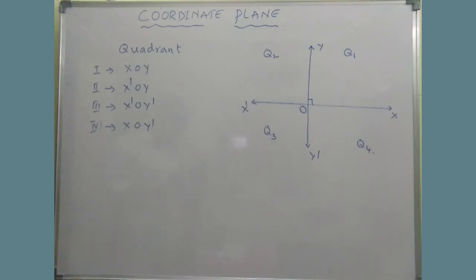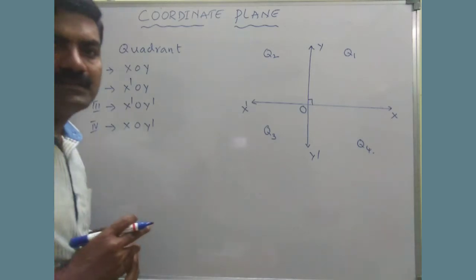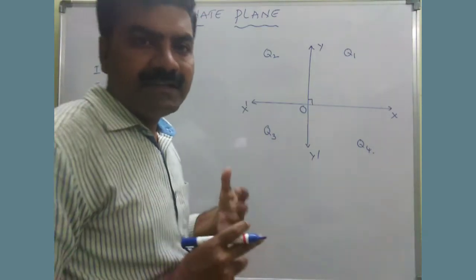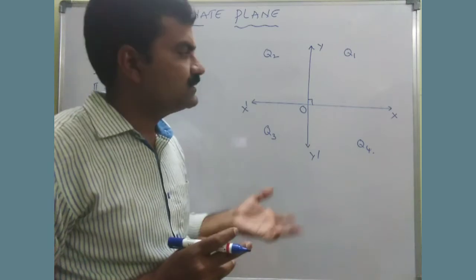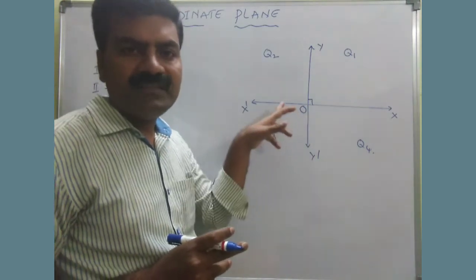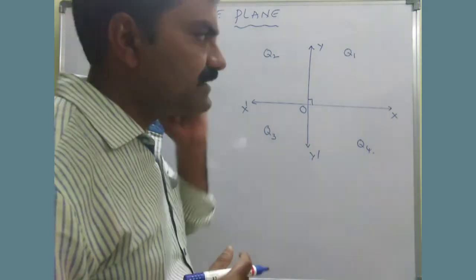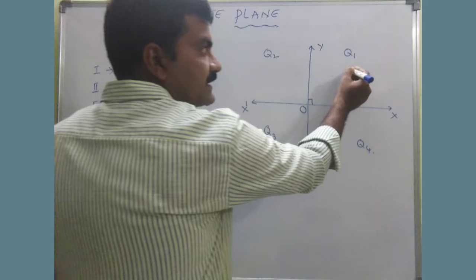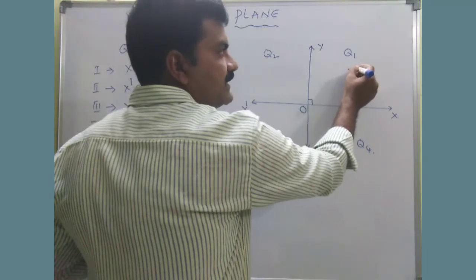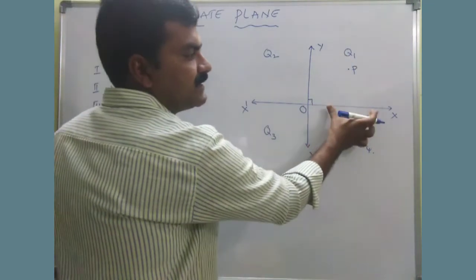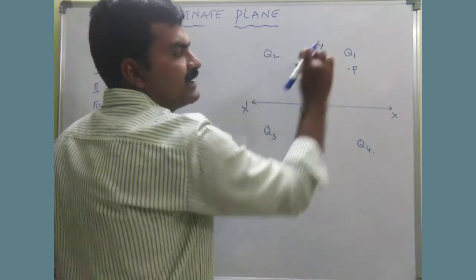Fine. Now let us see the position of a point. Suppose P is any point, and what are the criteria to be in the first quadrant, or second, third or fourth quadrant, right children? See, suppose P is here, any point, then you see the positive x-axis and positive y-axis.